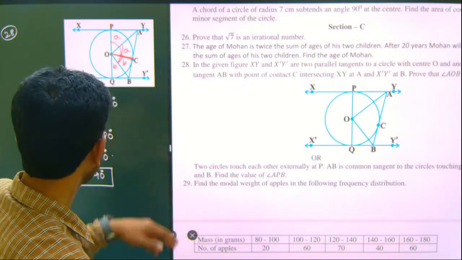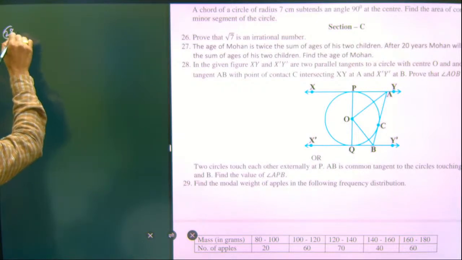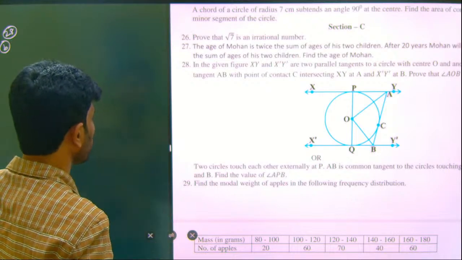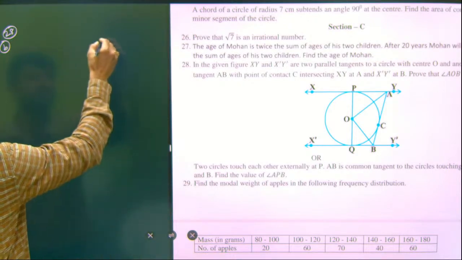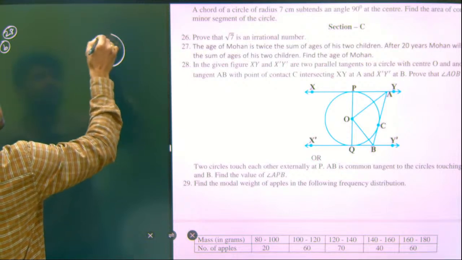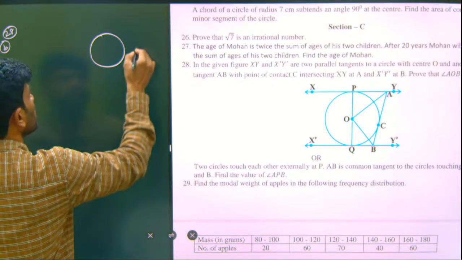Now, for that, another question, internal choice is there. 28b, the figure will be like this. Two circles touch each other externally. We have to draw two circles like this, first circle and second circle. Two circles touch externally.